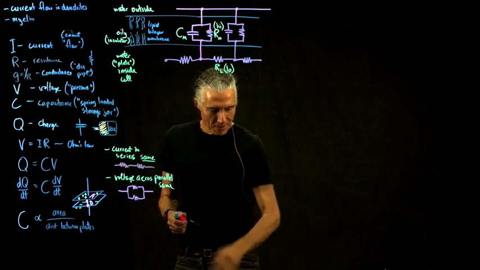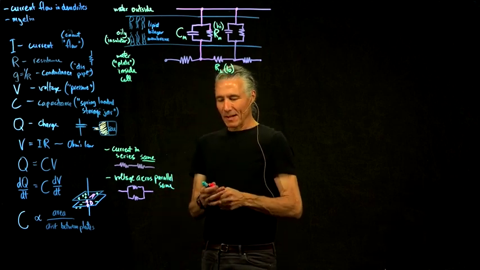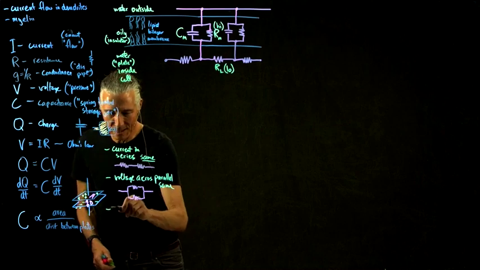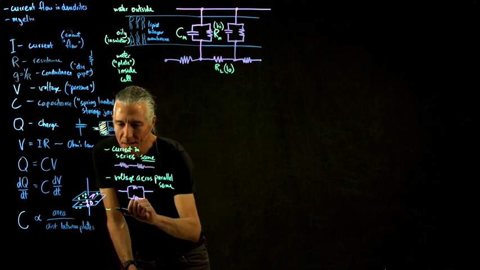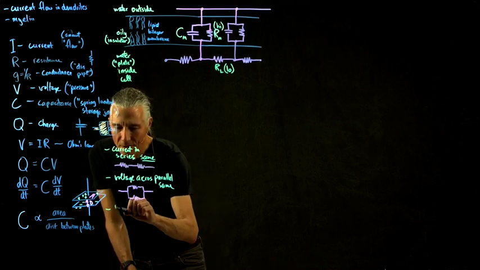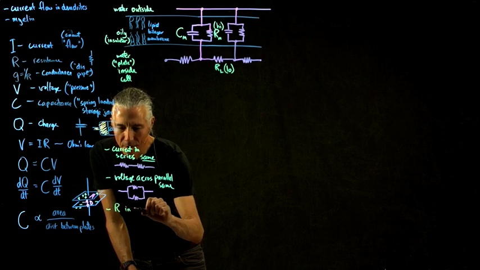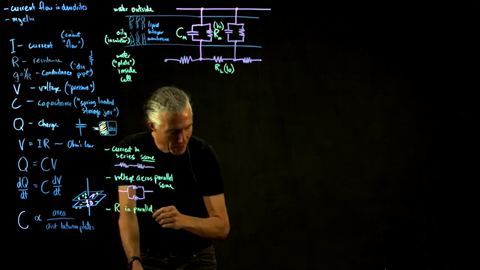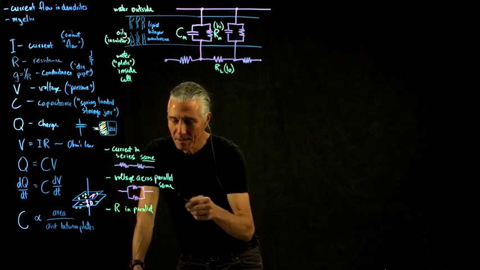So there's a couple other things. So what about this case? Resistance in parallel. That's something we'll have to consider when we talk about dendrites.